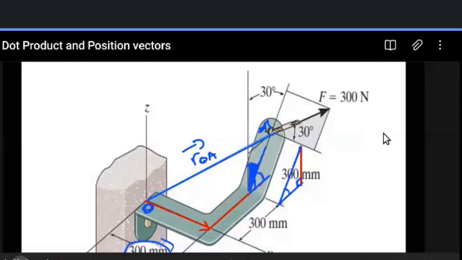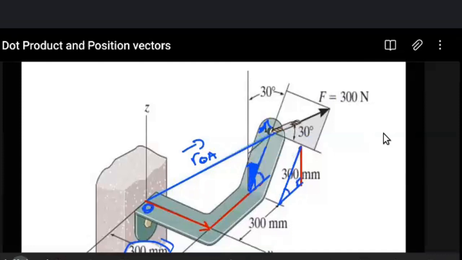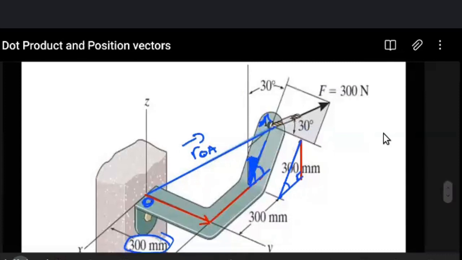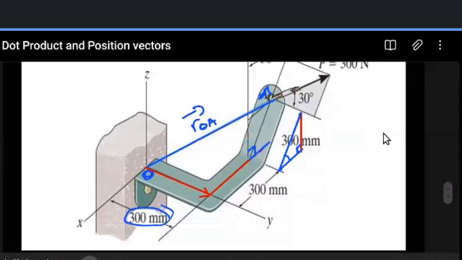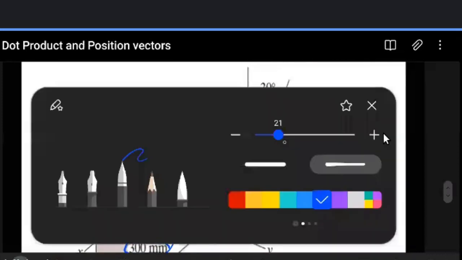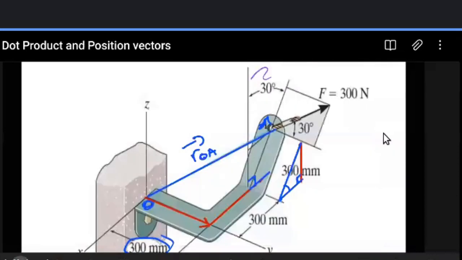So I hope you've got that part. Do you have any question there? Can you repeat again? Okay, now you get the angles. So the key part here is you have to observe that this line here is vertical, parallel to the z-axis, and this is parallel to the x-axis.